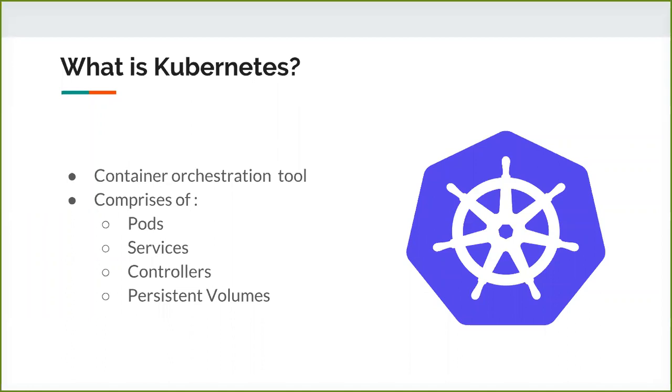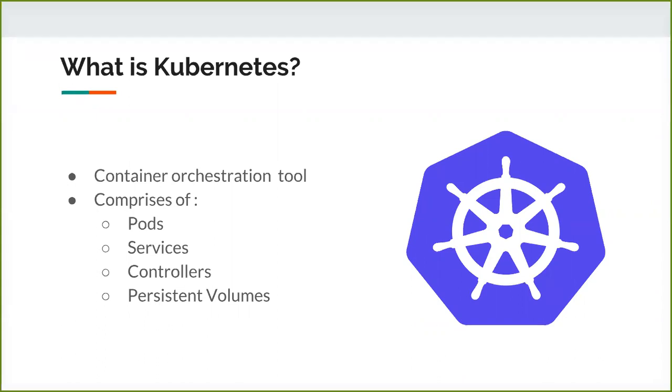What is Kubernetes? Kubernetes is the container orchestration tool which is used for the management of containers. It is a production grade container orchestration tool. Kubernetes comprises pods, services, controllers, and persistent volumes. Pods are nothing but a set of containers, and a service is the way to expose that pod to the external world.